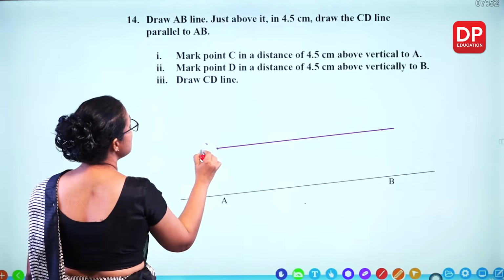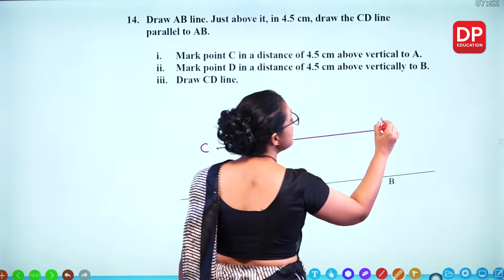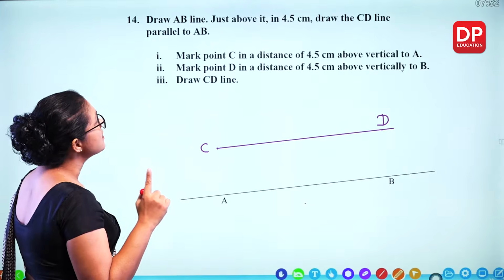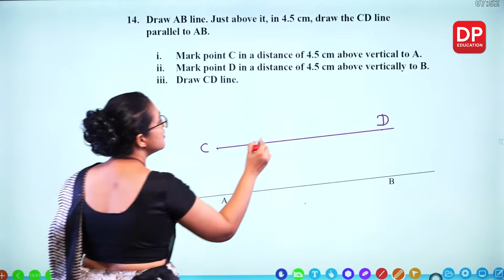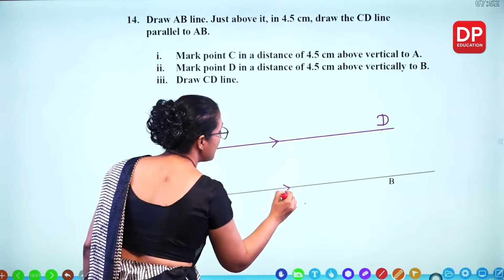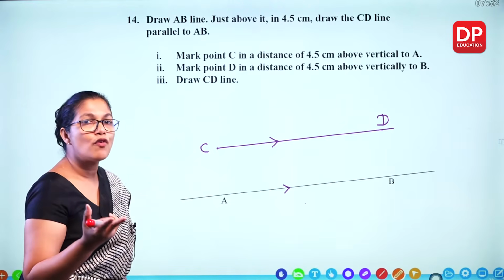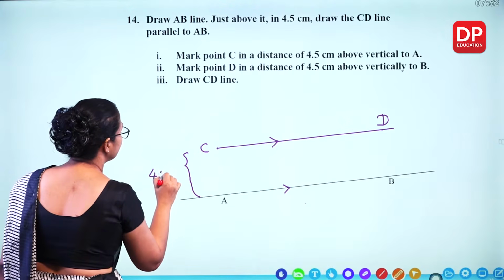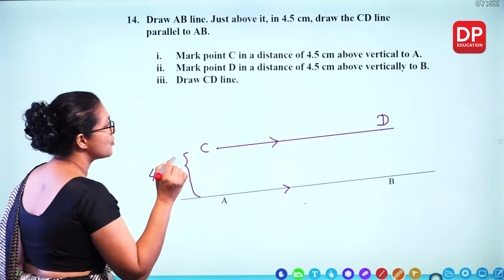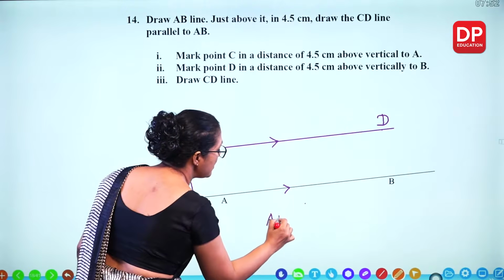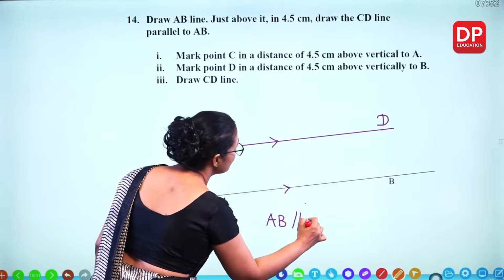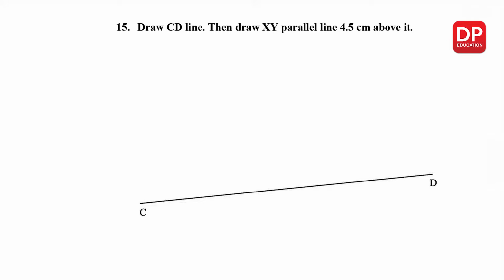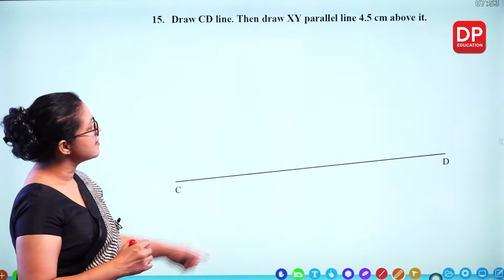We marked C above A, D above B, and this line is parallel to AB, and the distance here is 4.5. So you can write AB line is parallel to CD line. Draw CD line. That's the CD line.